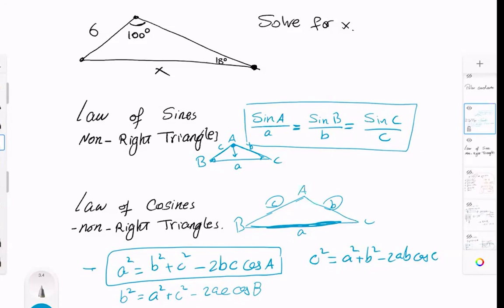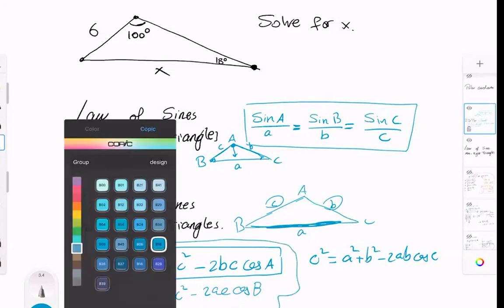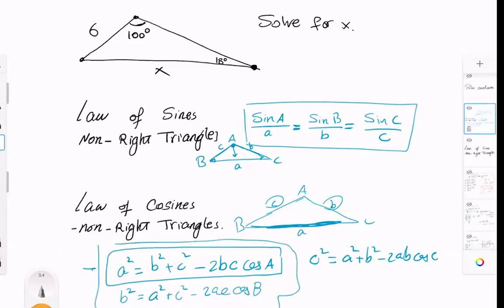As you see, law of cosine is a little spicier. So we try to use law of sine first. When you see a non-right triangle, we would like to try, can we use law of sine? If not, we go to law of cosine. Why? Because law of sine is easier to work with.